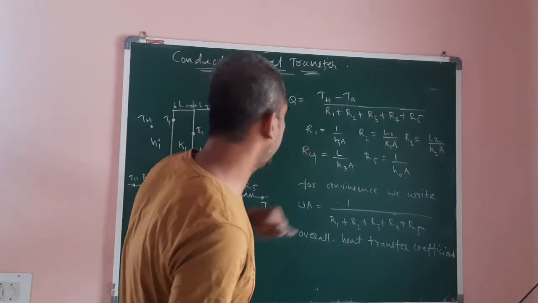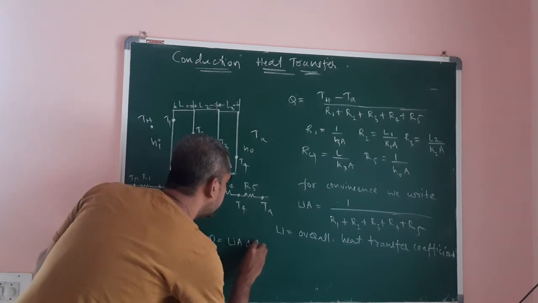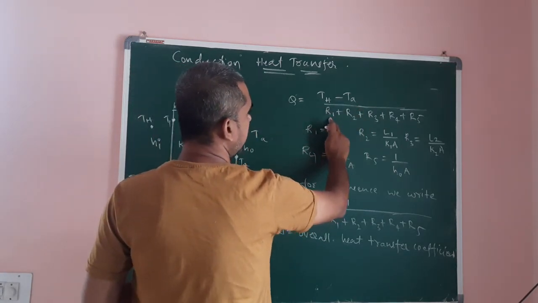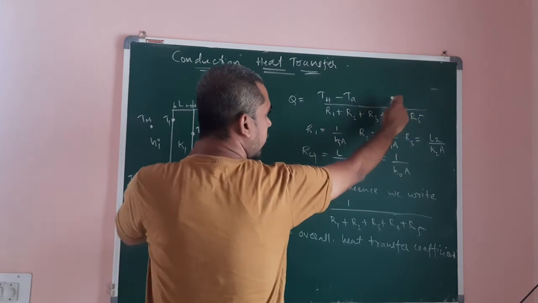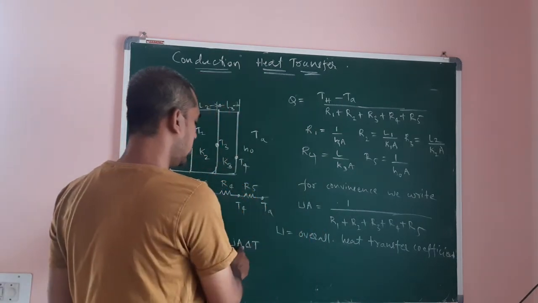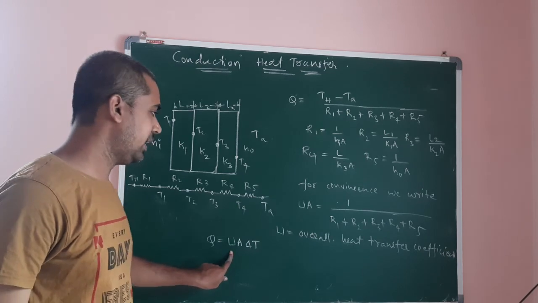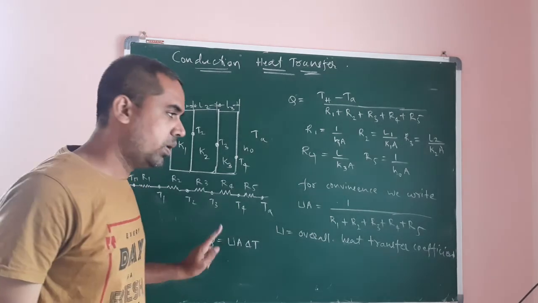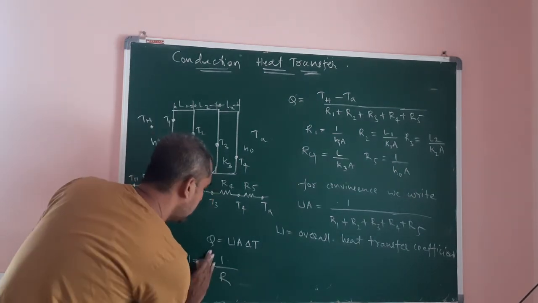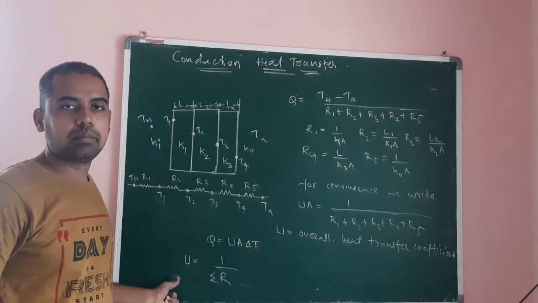So instead of writing that, what can I write? Q is equal to UA into delta T, because Th minus Ta divided by all these resistances, where 1 by the summation of R is nothing but UA. Therefore, I can write Q is equal to UA into delta T. Suppose if U is higher, what is U? U is nothing but the summation of 1 by R.